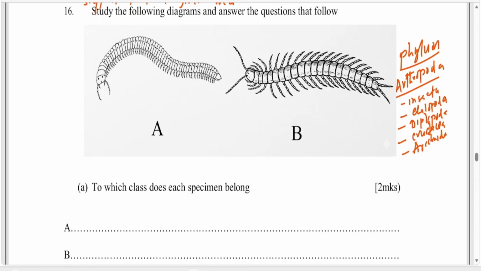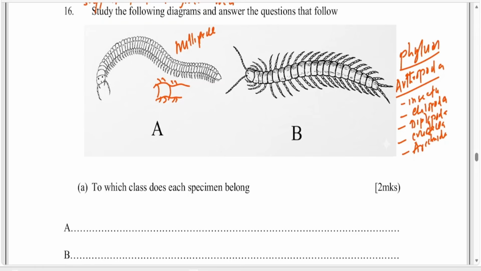As you can see, from the knowledge of observing organisms in our environment, A is a millipede. Millipede has 2 pairs of legs per segment, and it has a round or tubular body.